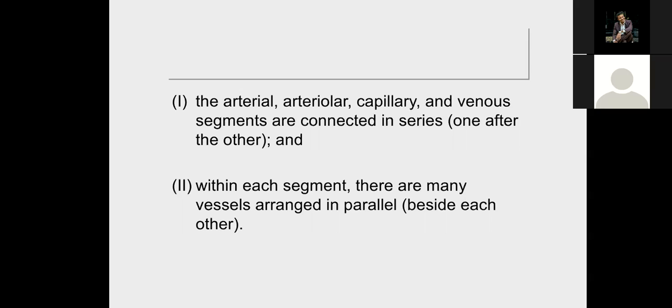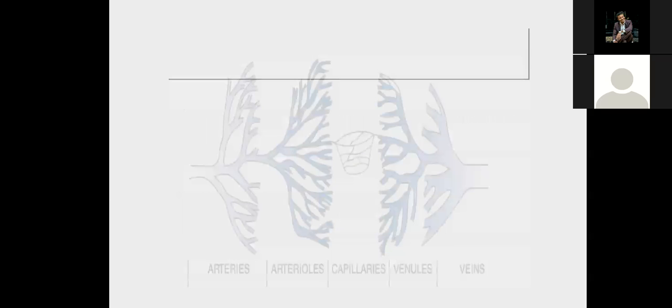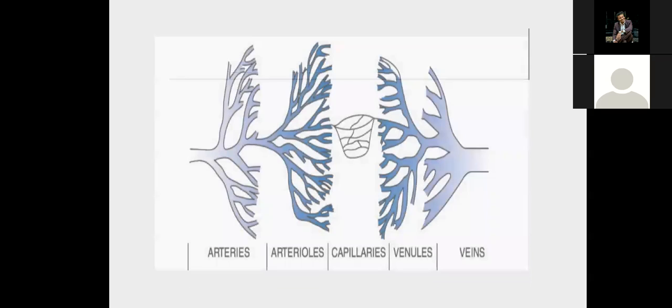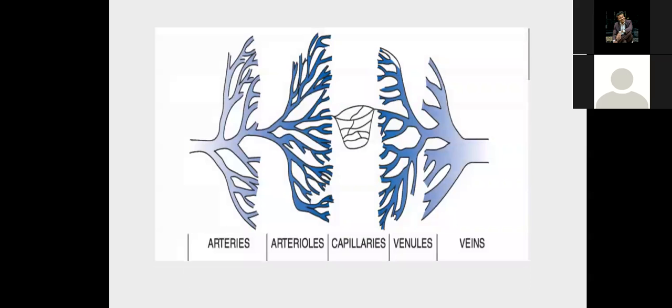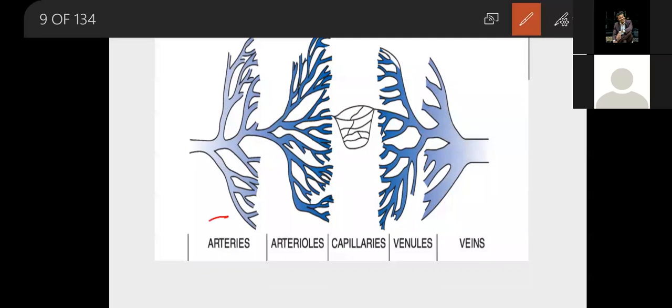So you will see a picture that will illustrate everything. So it's clear, I think. Here are the arteries, and here are the arterioles, and here are the capillaries, and here are the venules, and here are the veins. So you can see that the connection between the arteries and the arterioles is in series.